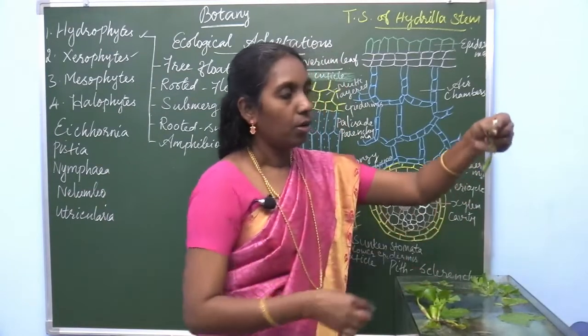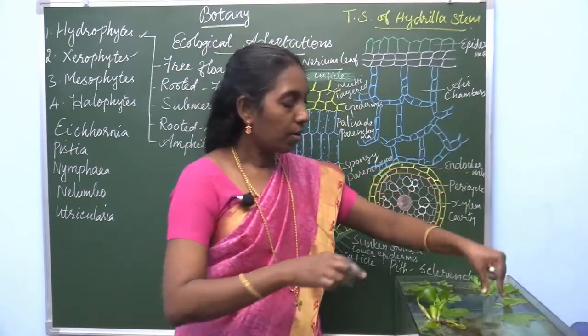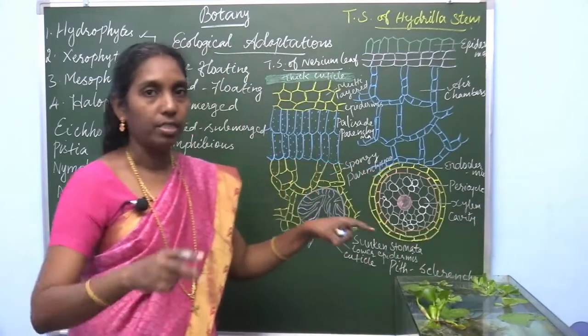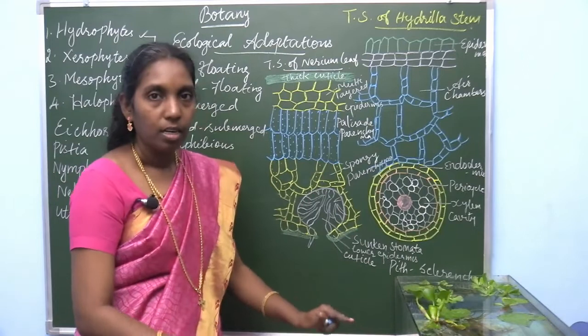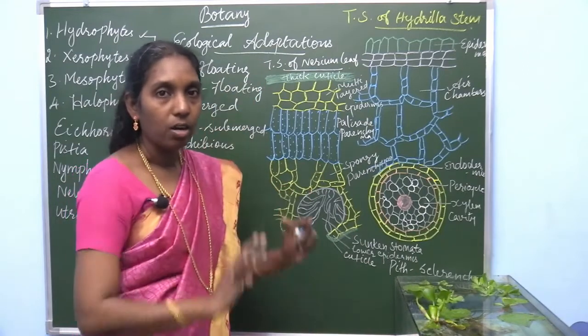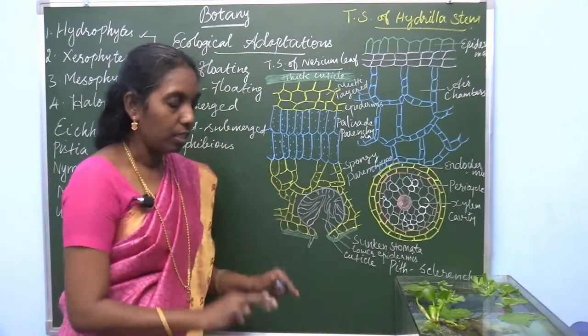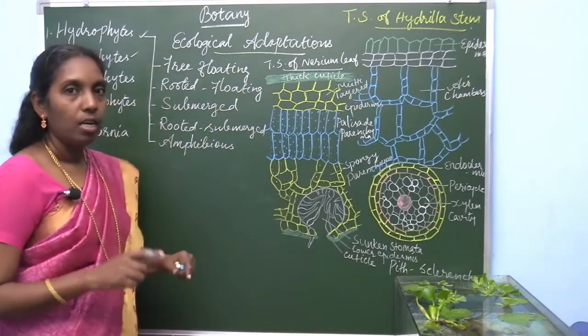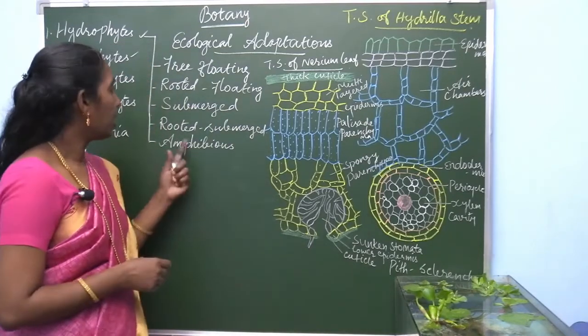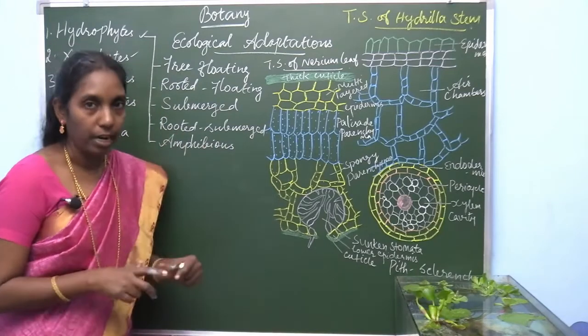This is Utricularia. There is no contact with the air, or with the soil or the mud. They are submerged hydrophytes. Another kind is rooted submerged hydrophytes.